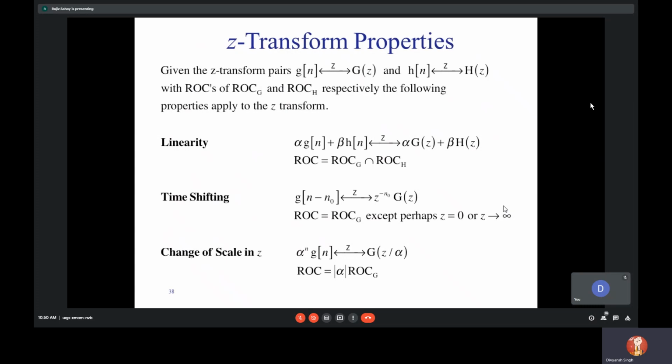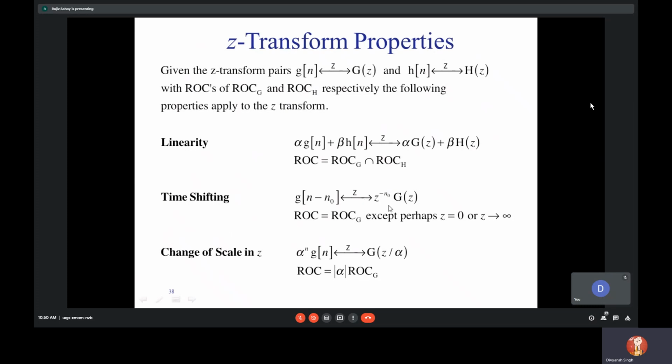So the first property, whenever we talk about these properties, we have to be worried about the ROCs. So the ROC of G of n is ROC subscript G, and the ROC of H of n is ROC subscript H. Then here, when you have a linear sum of two different sequences H of n and G of n, the ROC is the intersection of the individual ROCs.